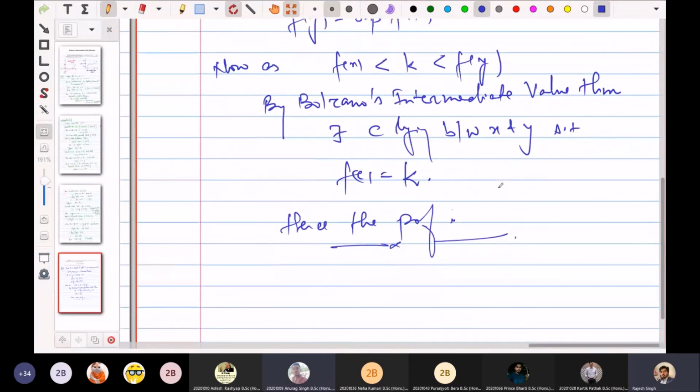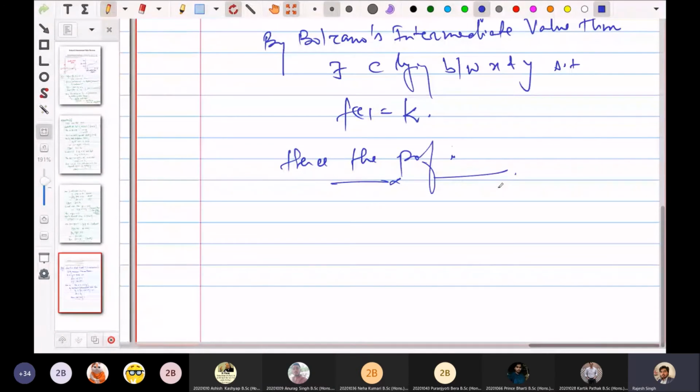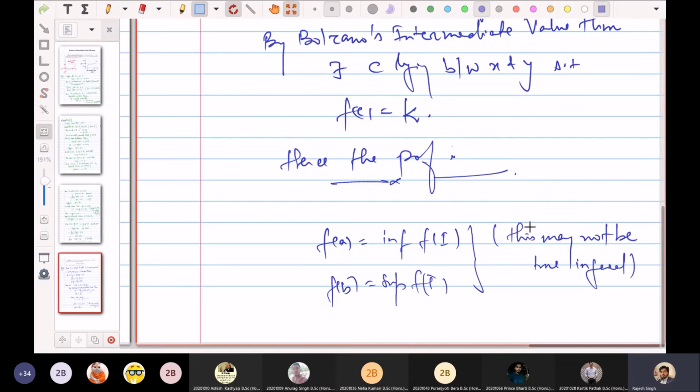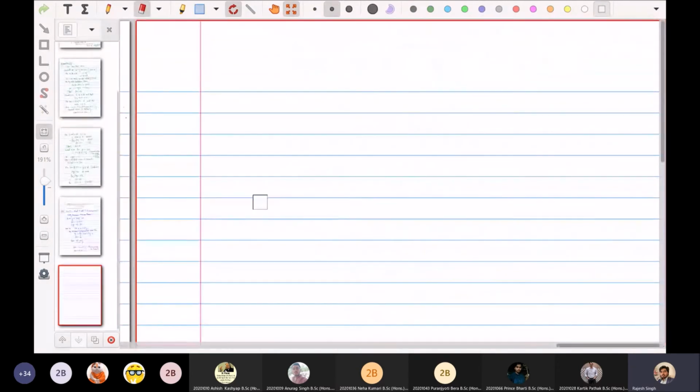Now, as Prince said earlier, that infimum f(a) will be equal to infimum of f(I) may not be true in general. Similarly f(b) equal to supremum of f(I). So these two may not be true in general. For example, let me show you this.